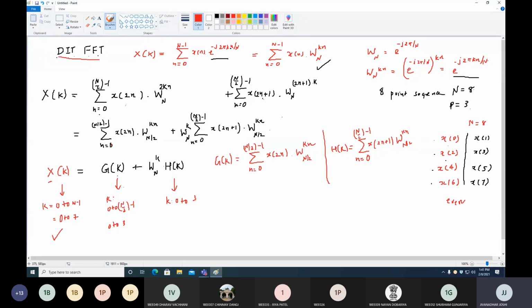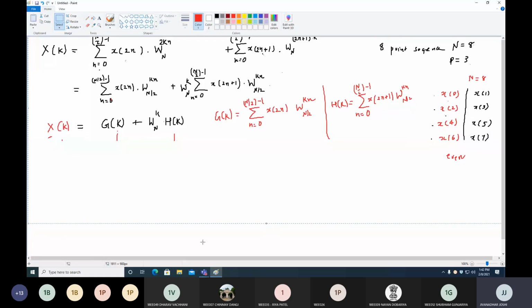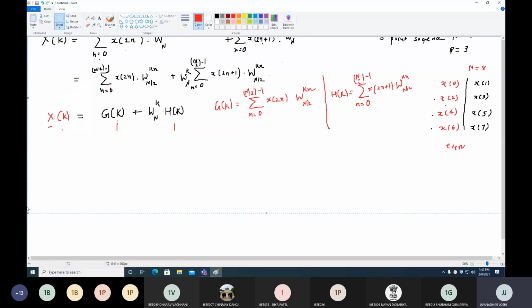Okay, so rewriting the equation, I have something like x of 0 equals g of 0 plus w8 raised to 0, because k is 0, into h of 0.